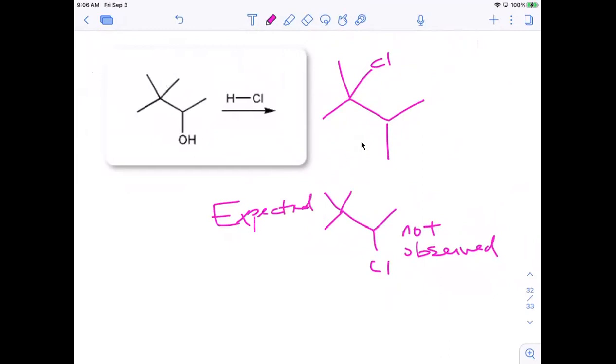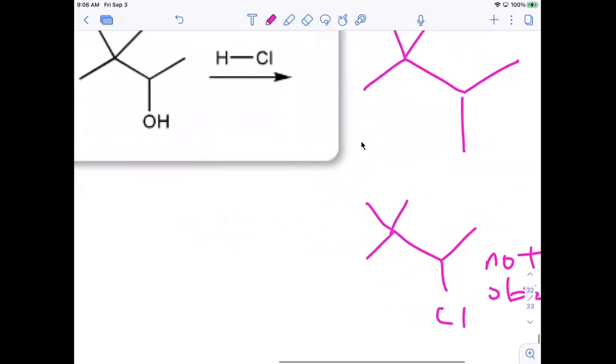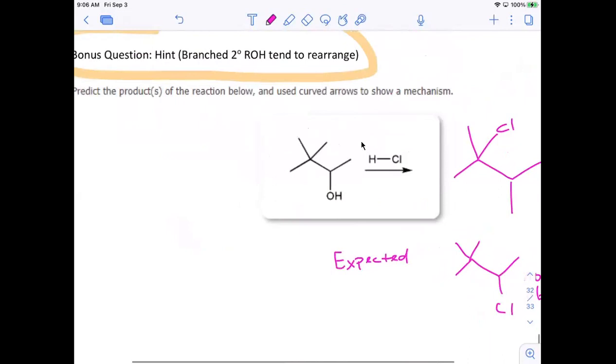So the question actually gives you a hint as to what happened. All right, and if you know for this particular reaction, you know the mechanism.